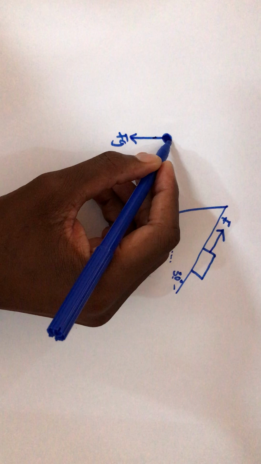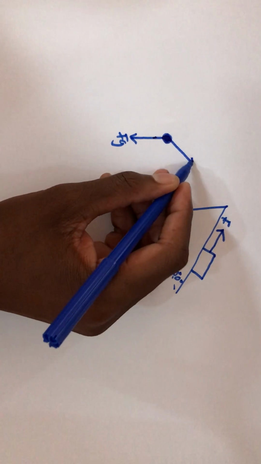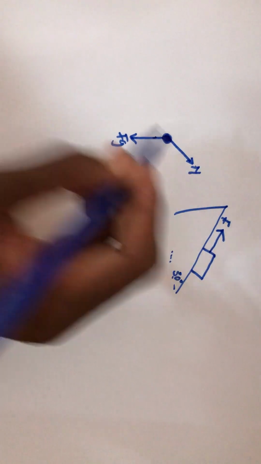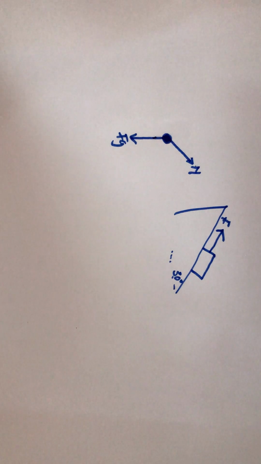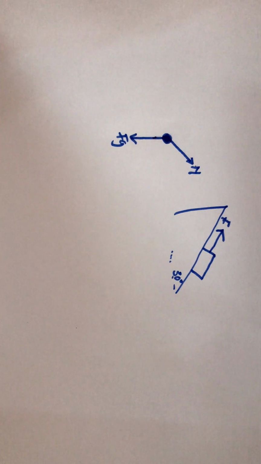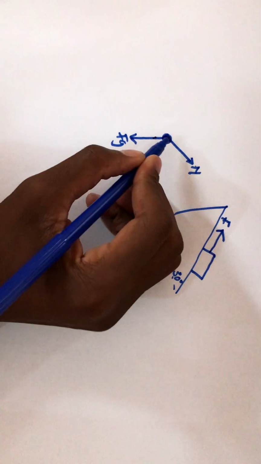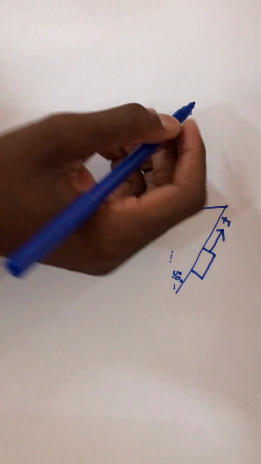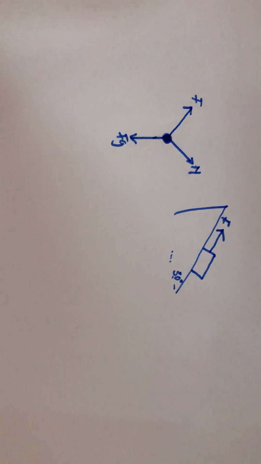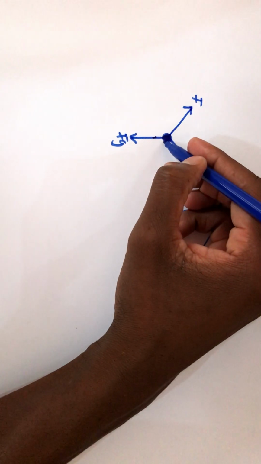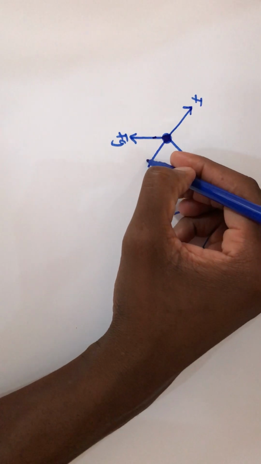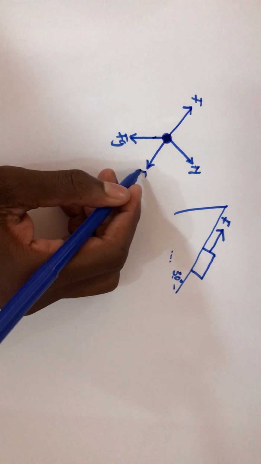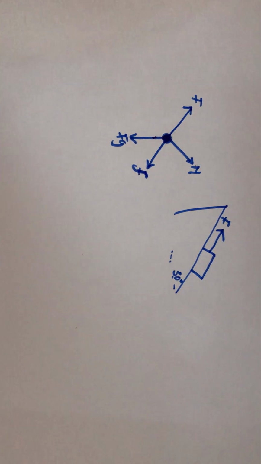Let's say we take normal force like this. This is normal force. Now, what is the direction of the force? The force is going this direction, F, and then we have a frictional force opposing the motion of an object.